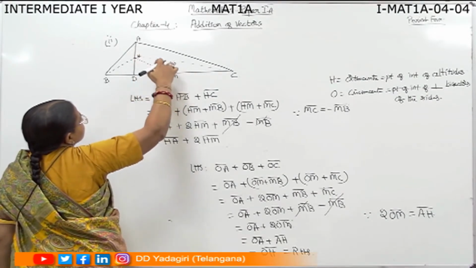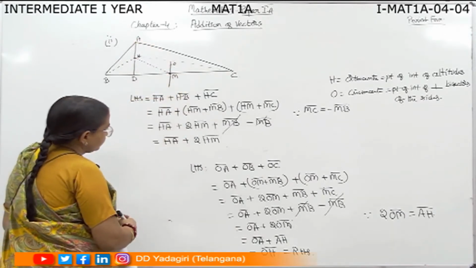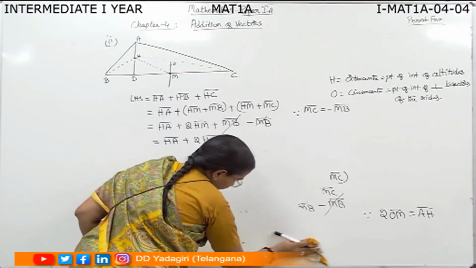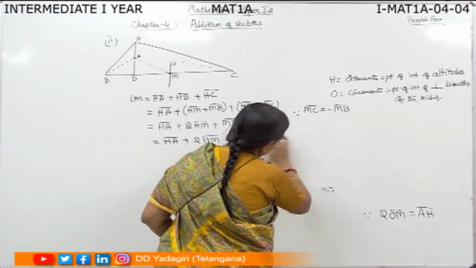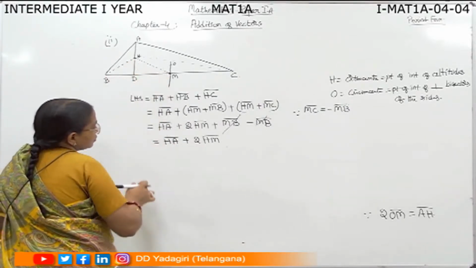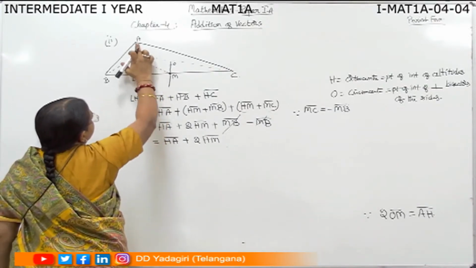HM is equal to, what is the right hand side? HO. HM we will write as HO, we will not take this.